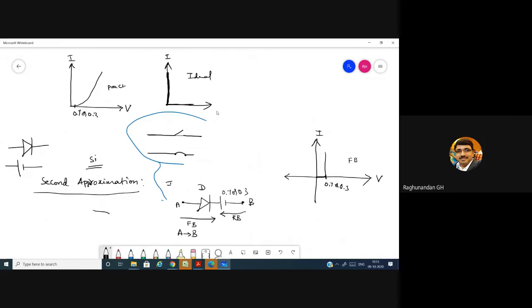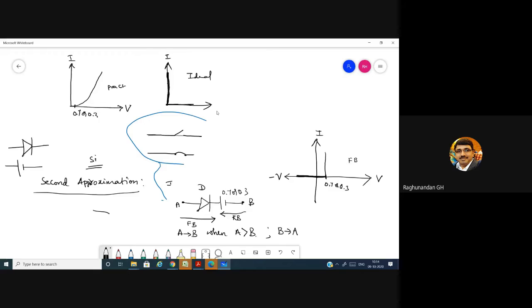The current can flow when A is greater than B. But tell me, from B to A, can the current flow? The diode is reverse biased. When the diode gets reverse biased, there is no current. So we'll write the graph like this. Whatever voltage you apply, the current will be zero. So now they told that this is the VI characteristics.